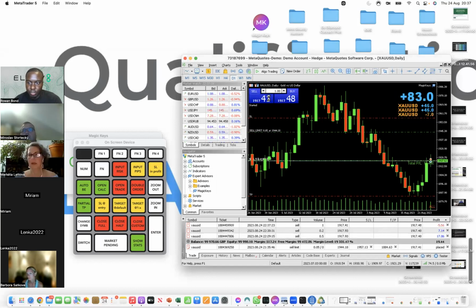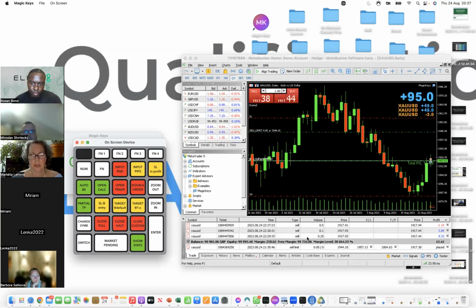If I take another trade at one lot, I can just click close half, and it closes half the trade for me with one button. Kliknu na zavřít polovinu a on za mě uzavře půlku obchodu.